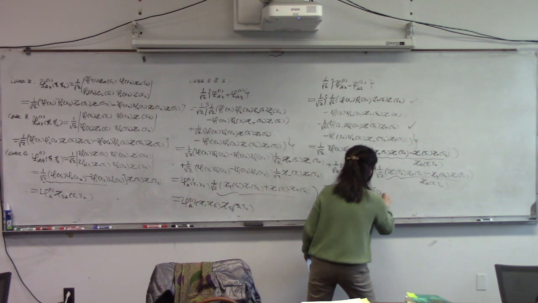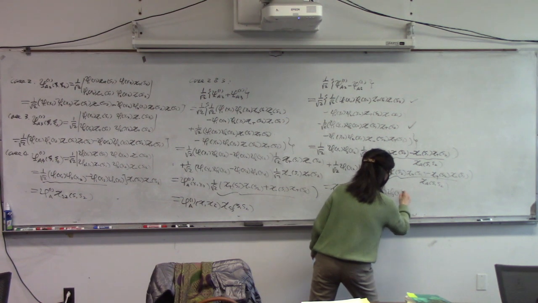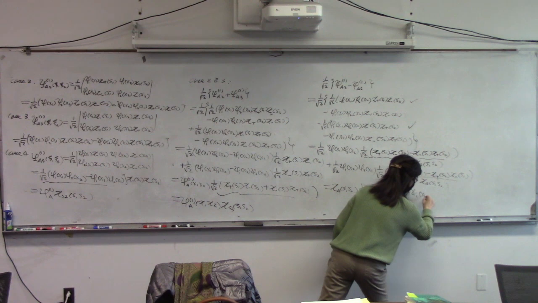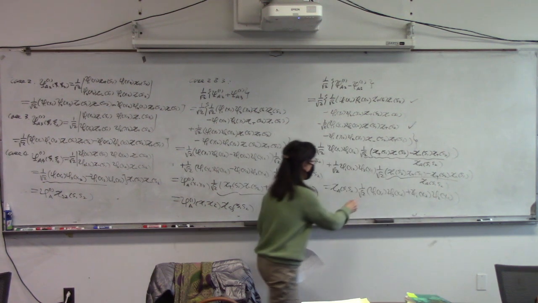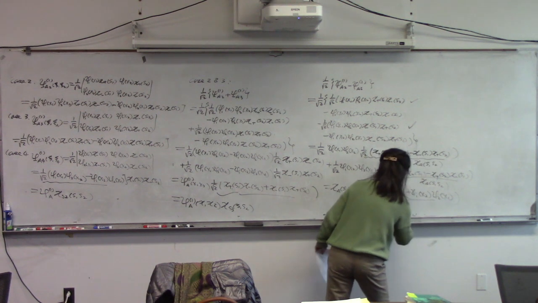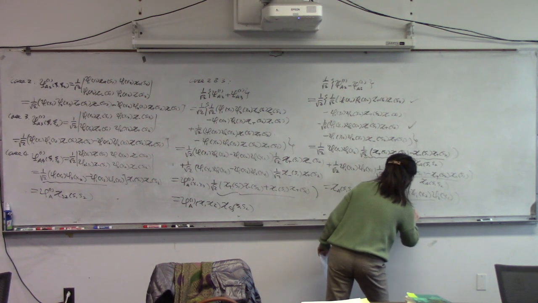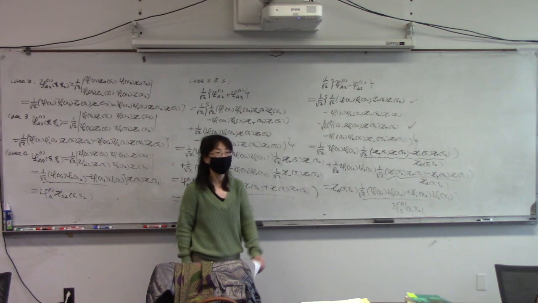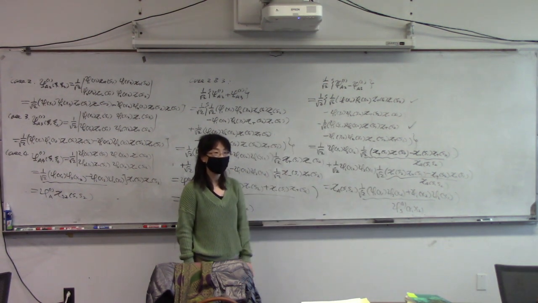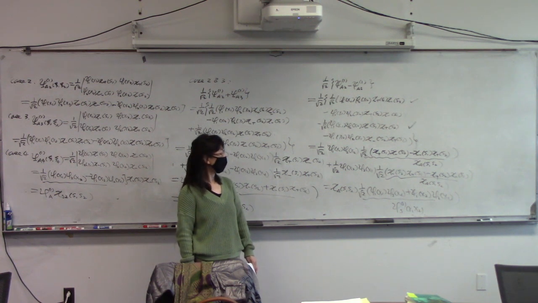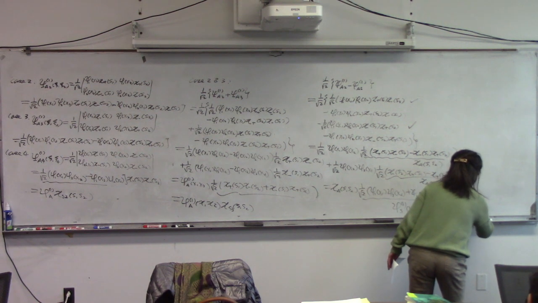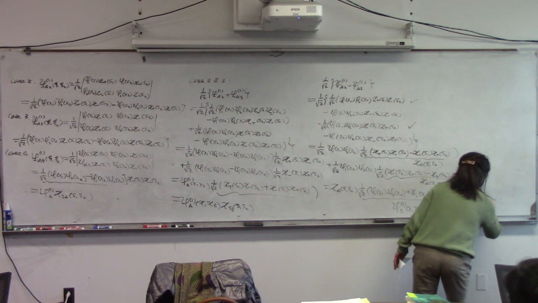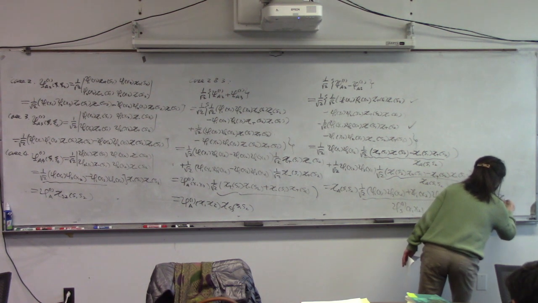Psi 1, x1, psi 2, x2, plus psi 1, x2, psi 2, x1. This one is symmetric in space, since the plus. That makes sense? So finally, you will see this is the product of symmetric in the spatial function multiplied with antisymmetric in spin.